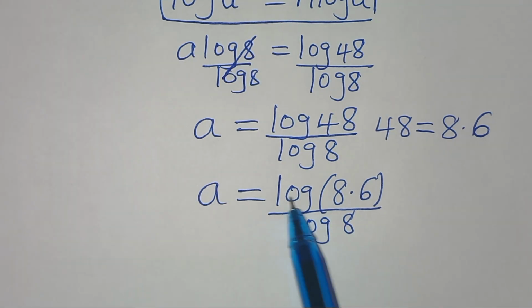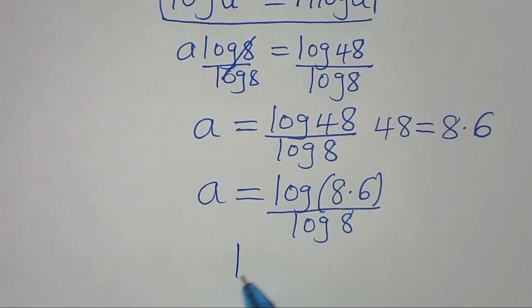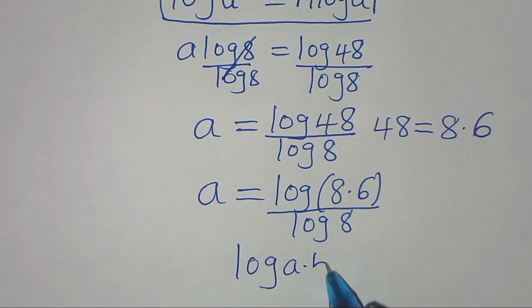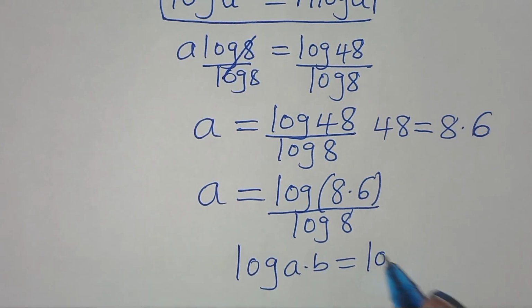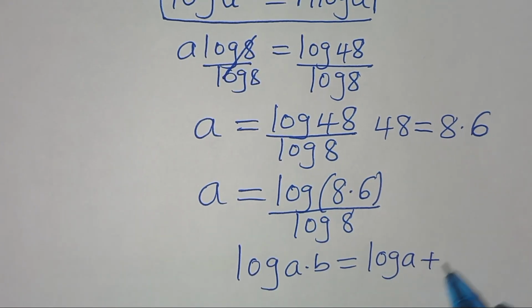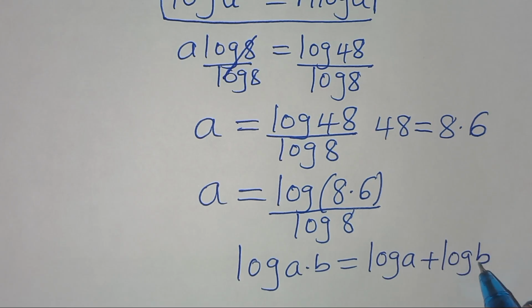And therefore, log 8 times 6 is in the form of log a times b, which we can express as log a plus log b.